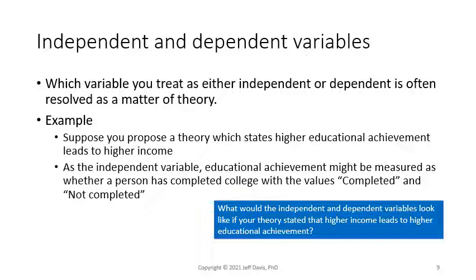Educational achievement and higher income in this different situation will switch positions. What if we're looking at educational achievement among children? Children who come from a household with a higher income will probably go further in their education than children from families with a lower income.